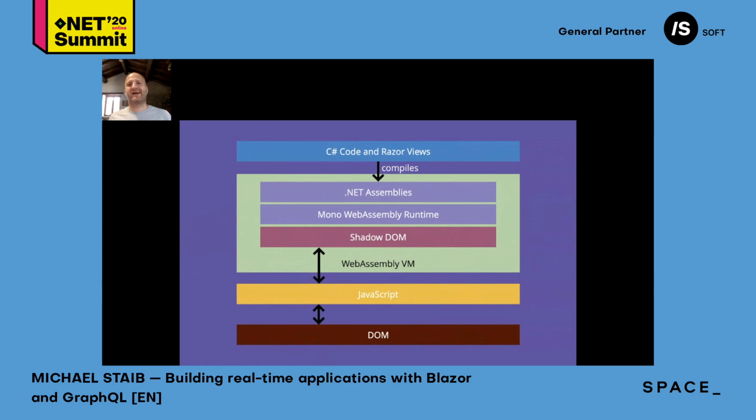WebAssembly applications are not actually able to manipulate the DOM directly. That is why Blazor is building up something called a shadow DOM, or an internal component representation. And every time we are doing some state changes in our components, add a text or do some dynamic things or catch some events, we're actually subscribing to the internal component tree and modifying that.